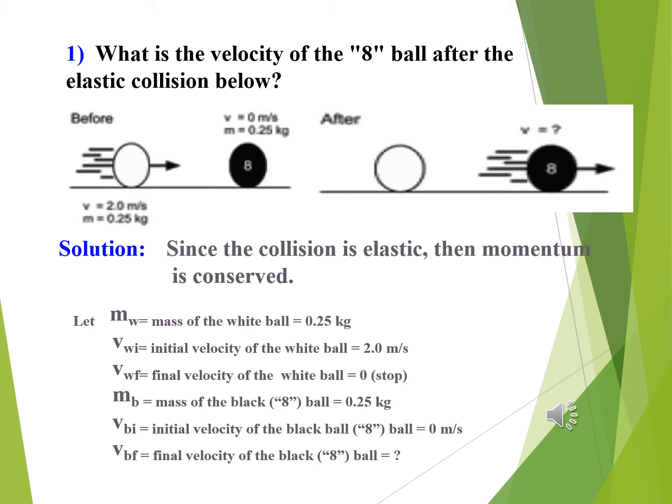We let m_w equal the mass of the white ball, which is given to be 0.25 kilogram. v_wi is the initial velocity of the white ball, which is also given to be 2.0 meters per second. v_wf is the final velocity of the white ball, which is 0. m_b is the mass of the black ball or the eighth ball, which is 0.25 kilogram. v_bi is the initial velocity of the black ball, which is 0 meters per second.